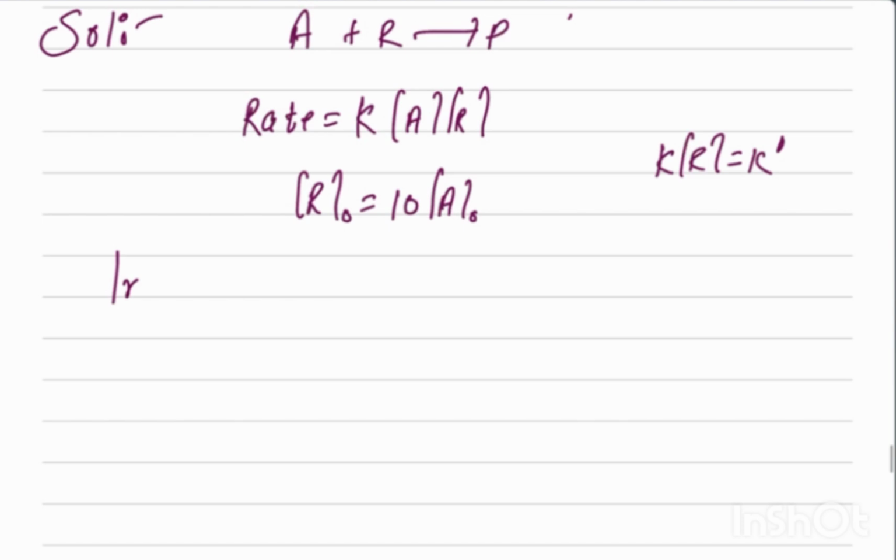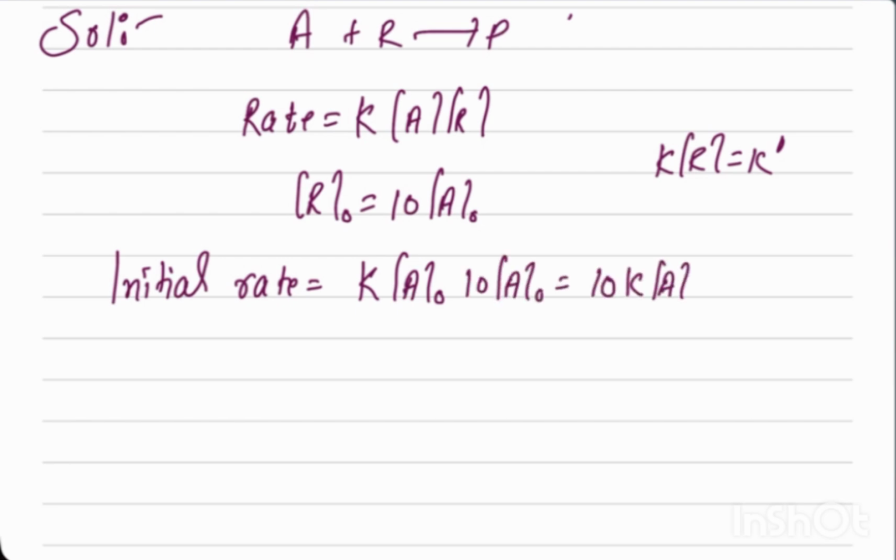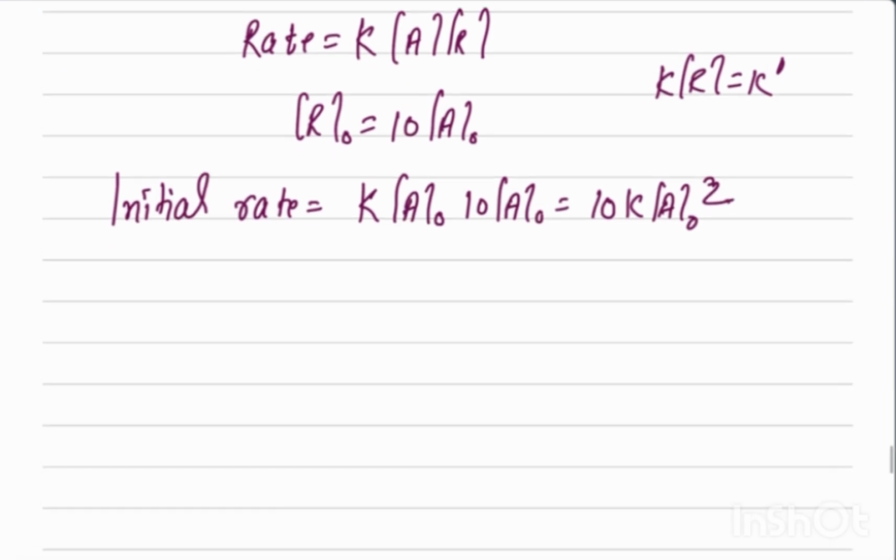Now if you see, the initial rate will be equal to K into concentration of A naught into 10 A naught, which is equal to 10 K into A naught square. Now the rate at 40% completion.